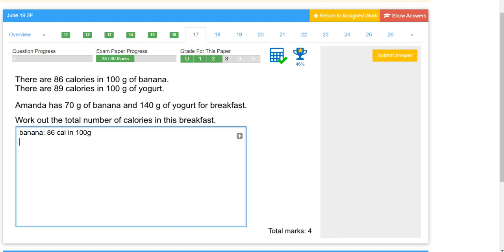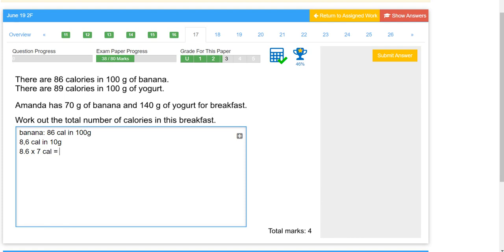That tells me that's going to be 8.6 calories in 10 grams. I want to know how much is it going to be in 70. So that's going to be 8.6 times 7 calories.